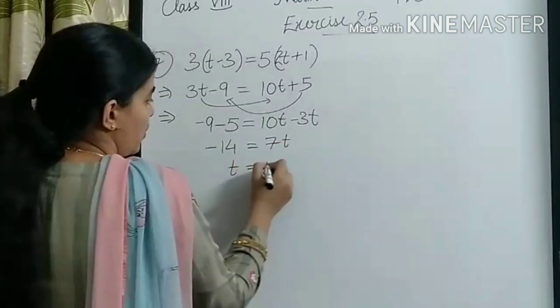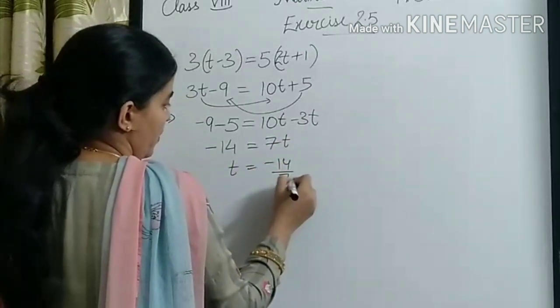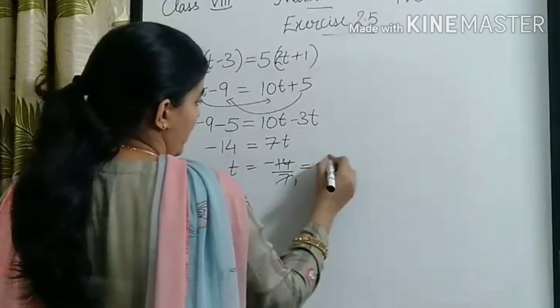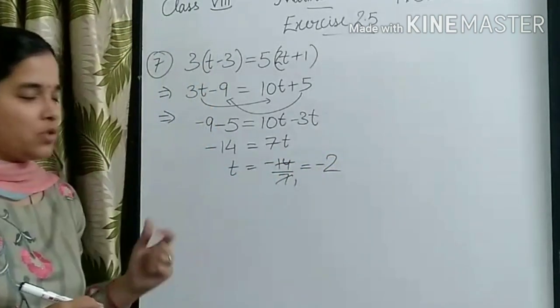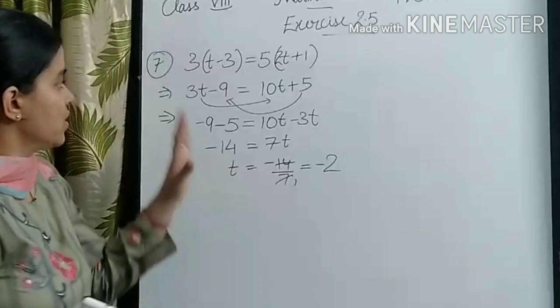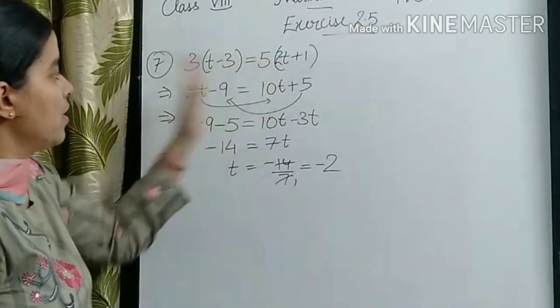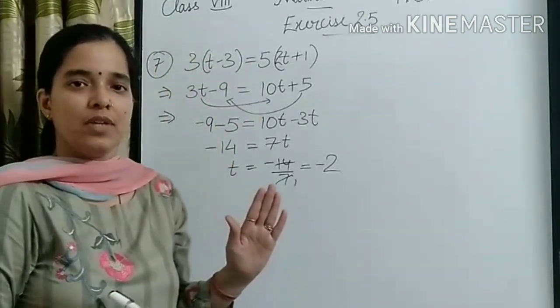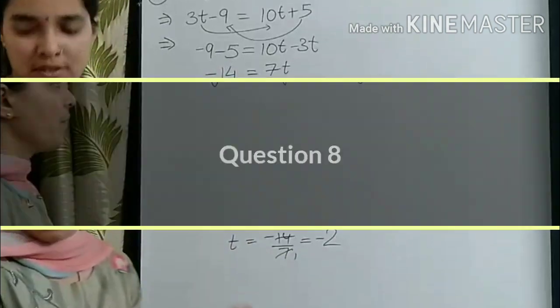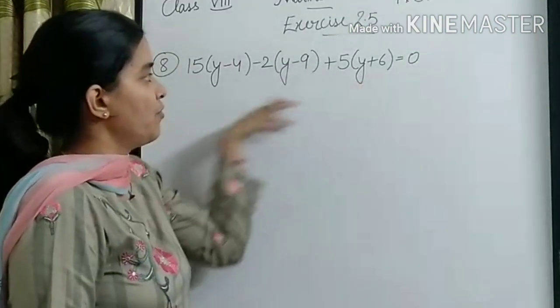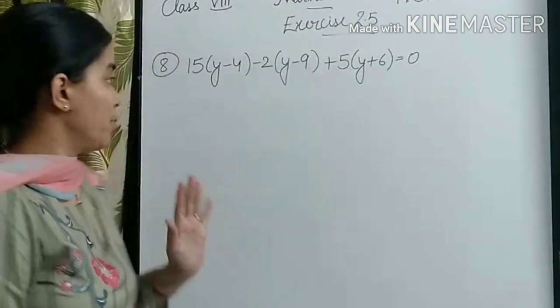So t is equal to minus 14 upon 7, which is minus 2. So minus 2 will come in this question. Simply you have to open up the brackets, shift the like term on one side of the equal to sign, and just solve it. In this question, we have to open up the brackets only by multiplication.